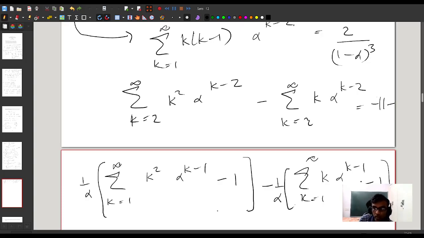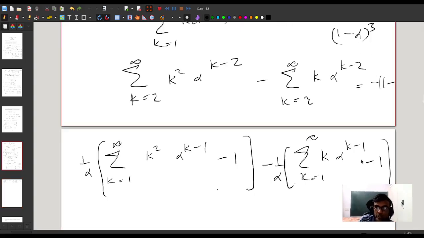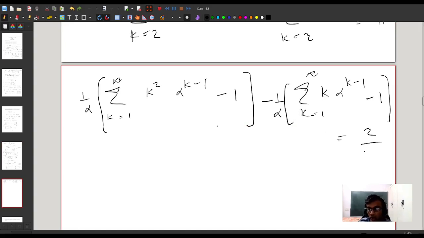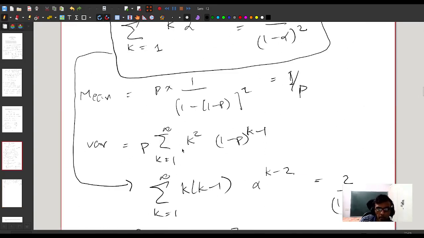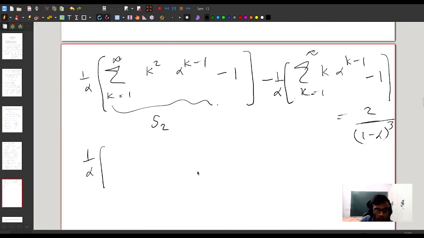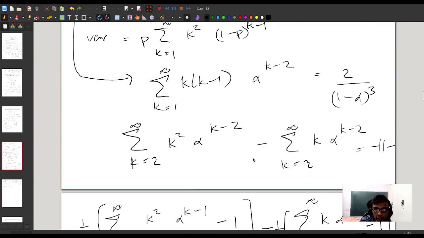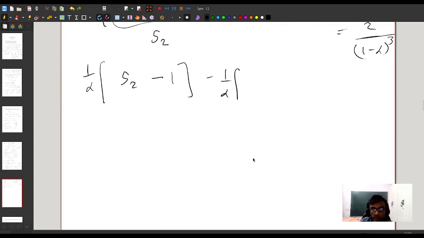Yeah, that looks fine. So this whole expression is equal to 2 over (1 minus alpha) whole cube. So this is what we want. Let's call this S2. This term we have already calculated, and that is 1 by (1 minus alpha) whole square.